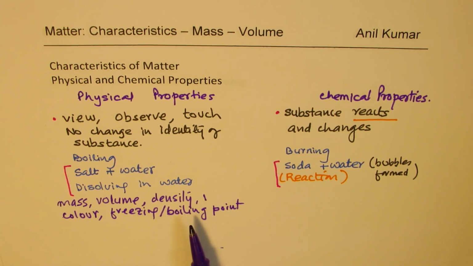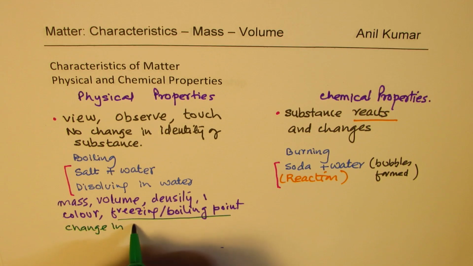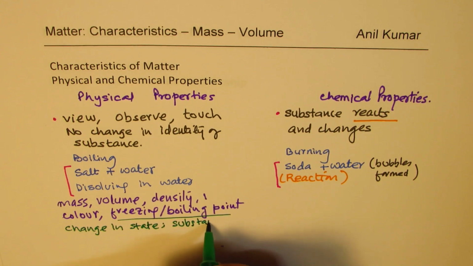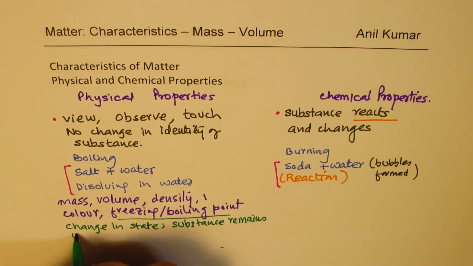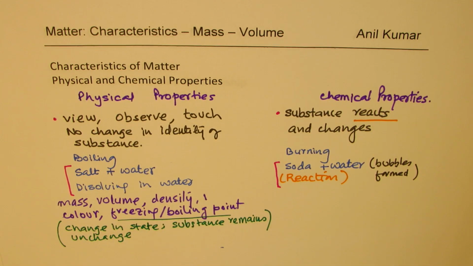So there is a change in state, but the substance remains the same. In freezing and boiling, we have a change in state, however the substance remains unchanged. So that is important to understand when we talk about freezing and boiling. Is it okay? So that is not a chemical change. It is not a chemical property.